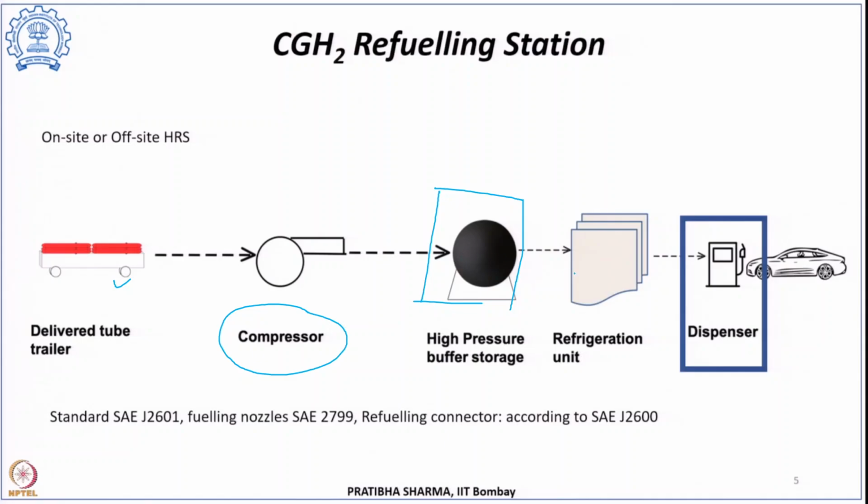Then one refrigeration unit is there just to cool down the hydrogen, because at very high compression, the hydrogen temperature will rise up. But we want 20 Kelvin for liquid hydrogen storage. So the refrigeration unit is very essential for storing this hydrogen, just before coming into the dispenser.